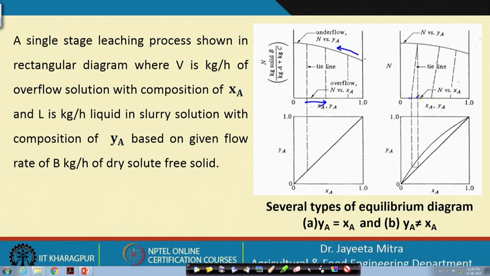In that case we will not get a straight line as the operating line; we will get a slight curve as an operating line. This shows the concentration of Y A and the concentration of X A. When the tie lines are not vertical, it means there is a deviation between X A and Y A.